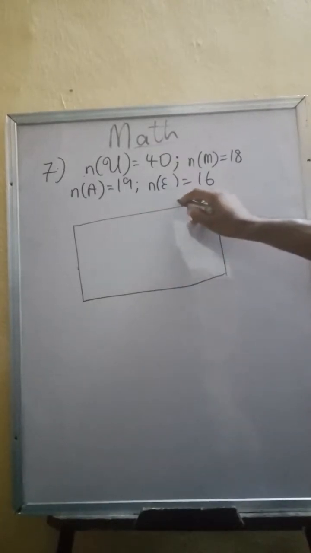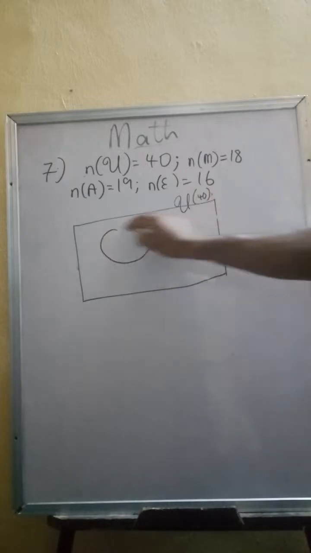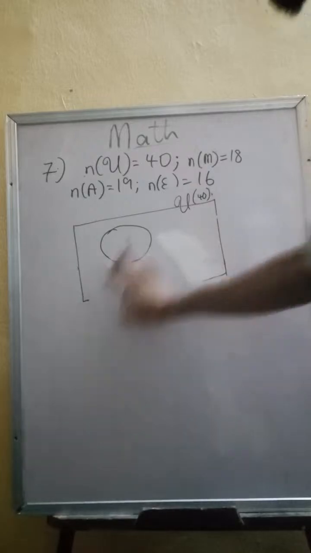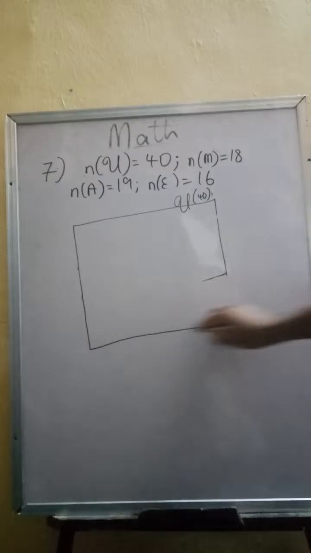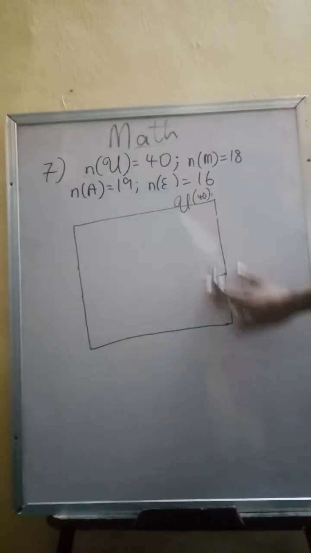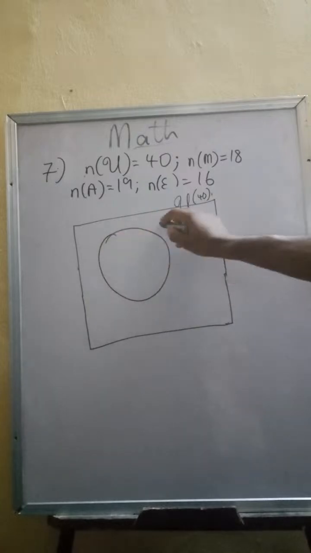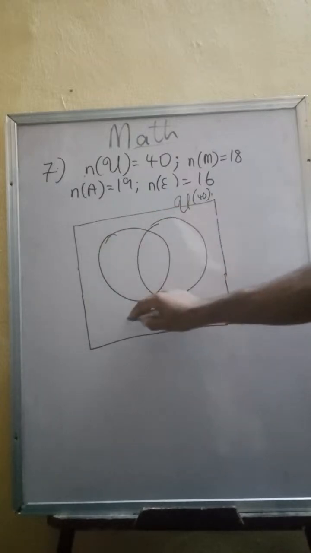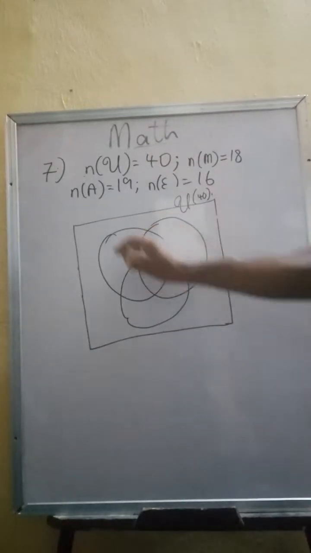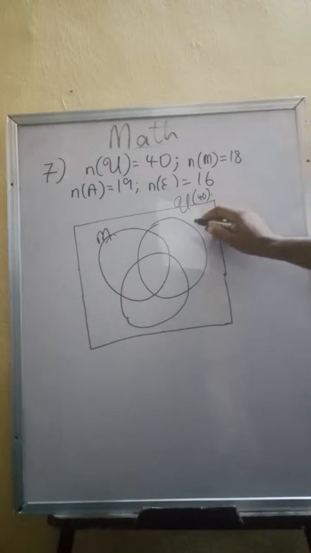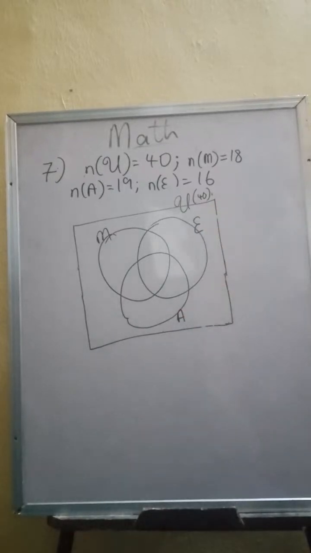We have the universal set, 40 of them. Now, this is going to give us 3 circles. Let me make it bigger. Okay, so permit me to call this maths, and call this economics, and then accounts.